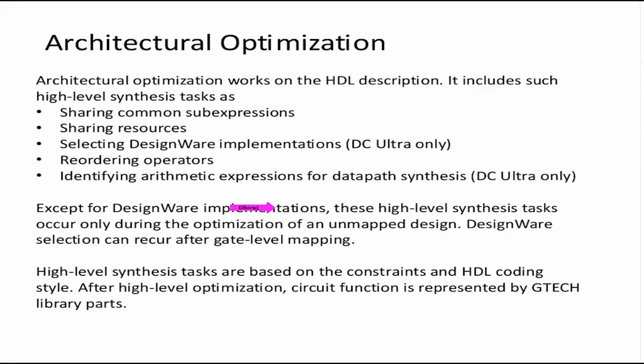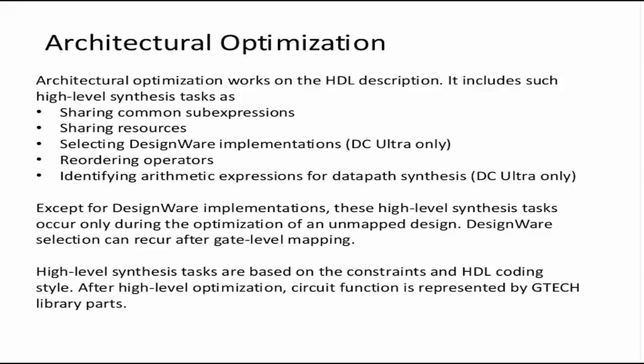So DC had a separate feature which was helpful in optimizing this part of the design effectively. Now all those features are available in Compile Ultra. So Compile does a good job, Compile Ultra does an excellent job on this data path operation. A few of these features are not available in Compile, they are available in Compile Ultra.